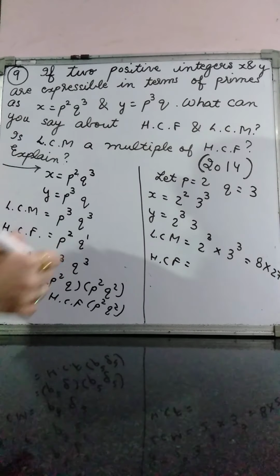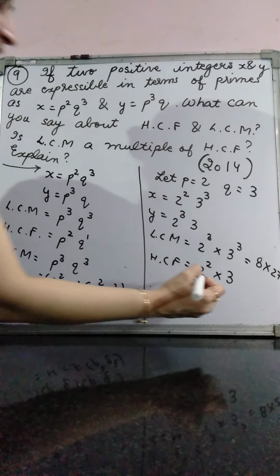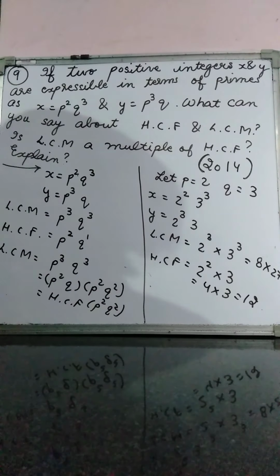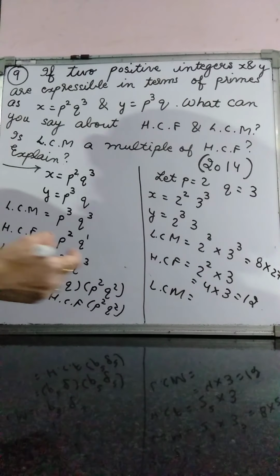HCF is equal to 2 power 2 into 3, 4 into 3, that is 12. Now write LCM, multiply both these terms.